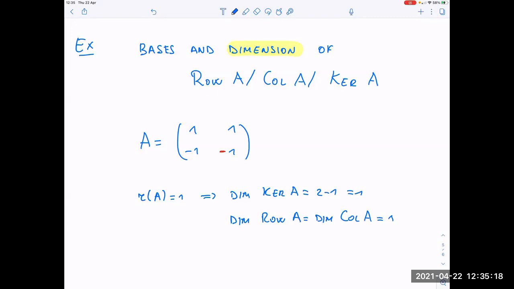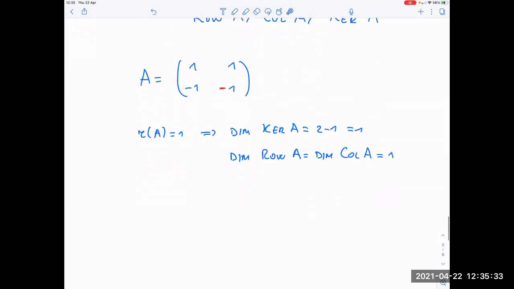So probably somebody made something wrong in computing the kernel. The matrix now is this one. So there are 2 minuses here, right? Okay, so what is the kernel? Well, I need to solve the linear system of equations.